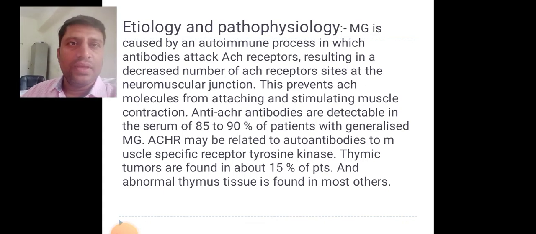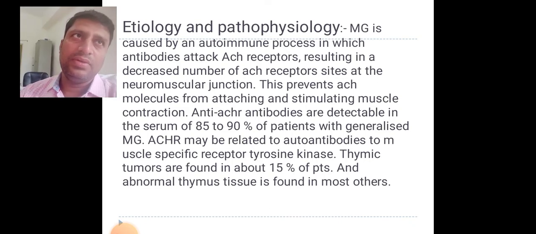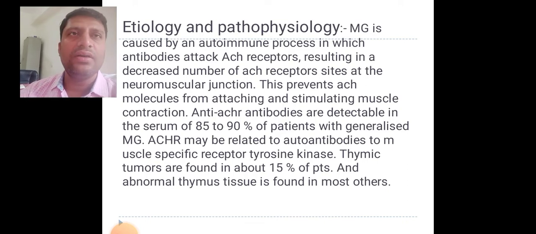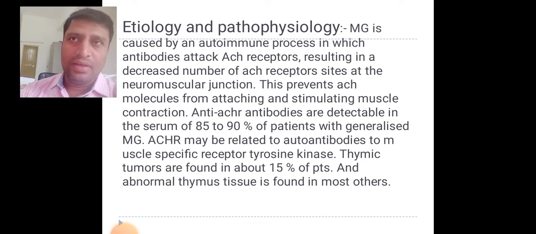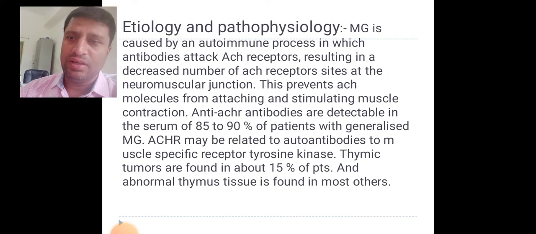So, what is autoimmune? Autoimmune disease is where a human being's own immune system antibodies destroy our cells or organs, might be due to the entry of foreign bodies or during infections.